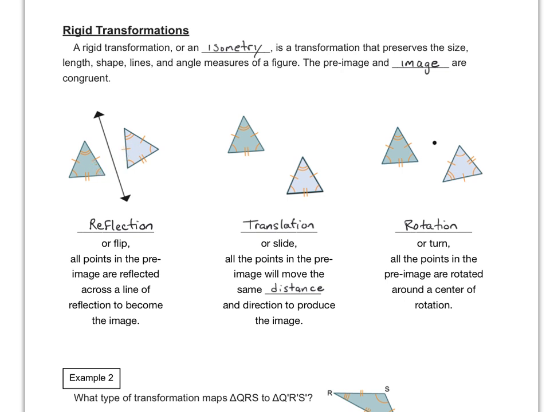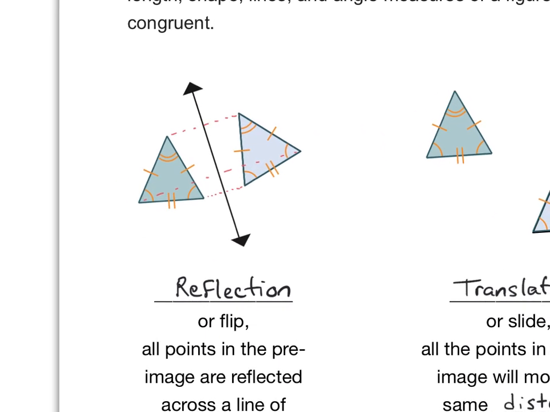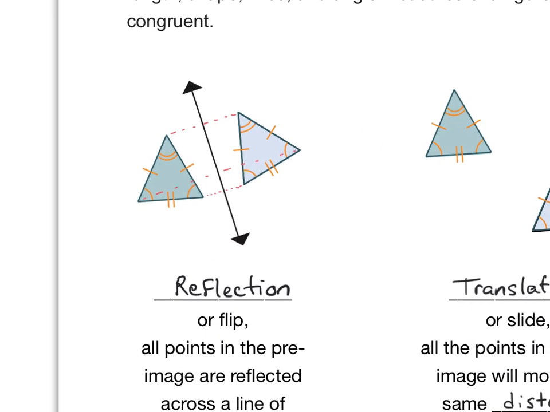Some characteristics that we can identify: these are my points that correspond to one another. So this would be D prime. If this is E, this would be E prime.